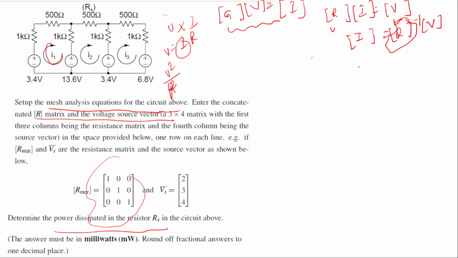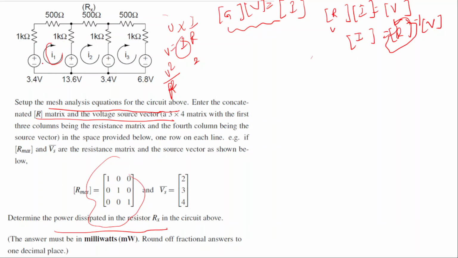Okay, so let's move on. Let's say the current in this mesh is I1, in this mesh is I2, and in this mesh is I3. After this, step 2 is to apply KVL in each of the meshes, and you need to take care of how the current is flowing.